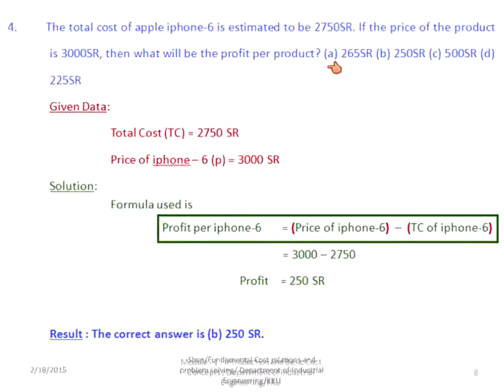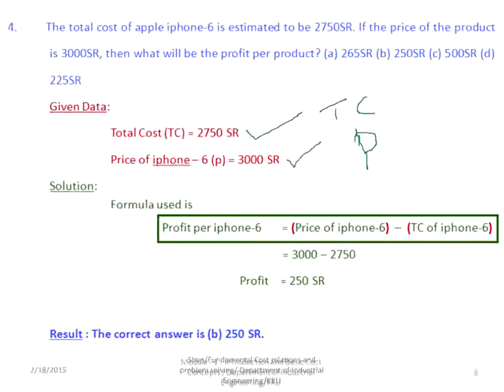So they have given that the price of the product is 3000 Saudi Riyal. So the price of the iPhone 6 is small p, given as 3000 Saudi Riyal. So in this problem, they have given you total cost, TC, and they have given you price, small p.